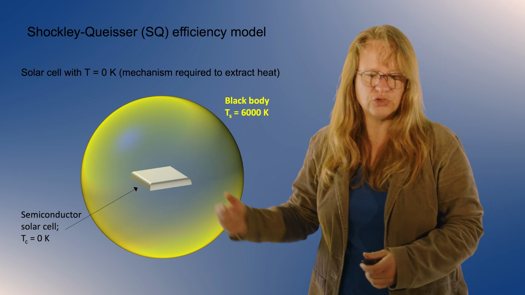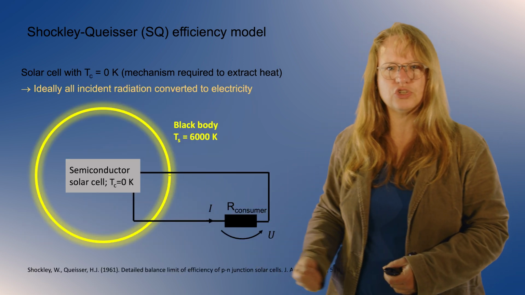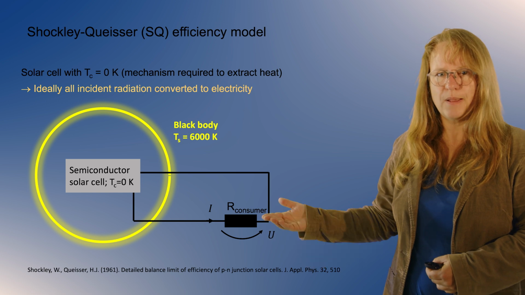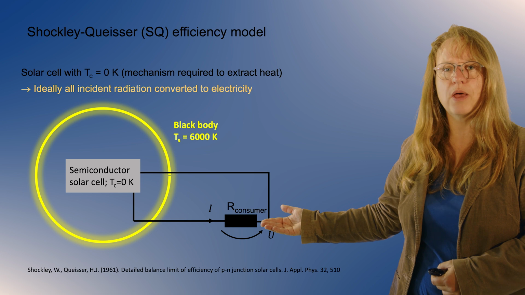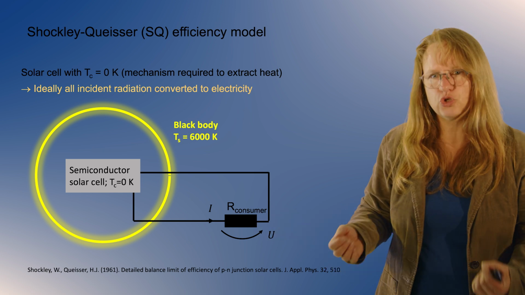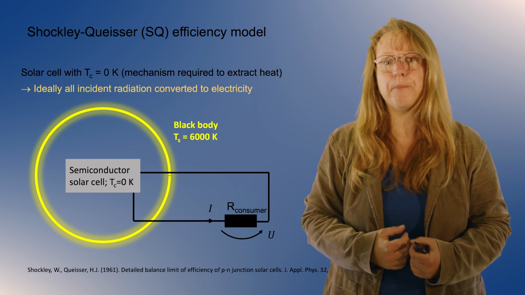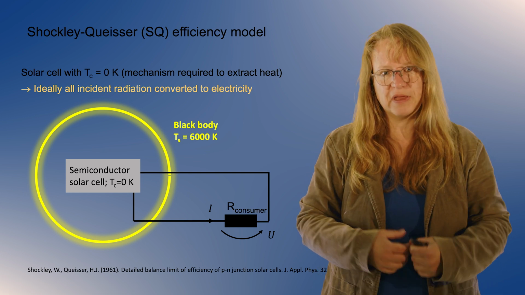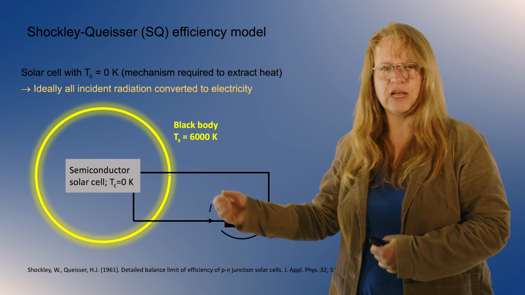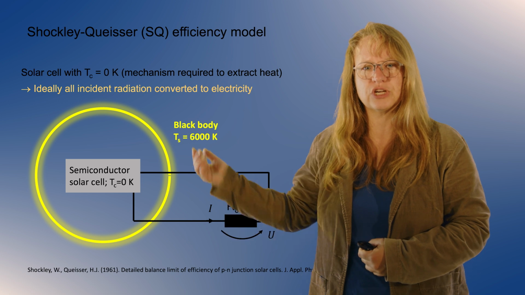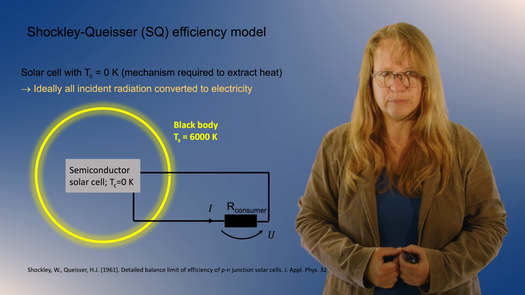And if we have this situation, then we can extract from the semiconductor solar cell a certain power that is given by current I times voltage U for a matched consumer. A matched consumer means we have chosen a consumer such that we are at the maximum power point, and that is a matched consumer, a matched load. So we assume we have a matched load that gets the electricity out, and what is incident onto the semiconductor is all of this black body radiation at 6,000 Kelvin.